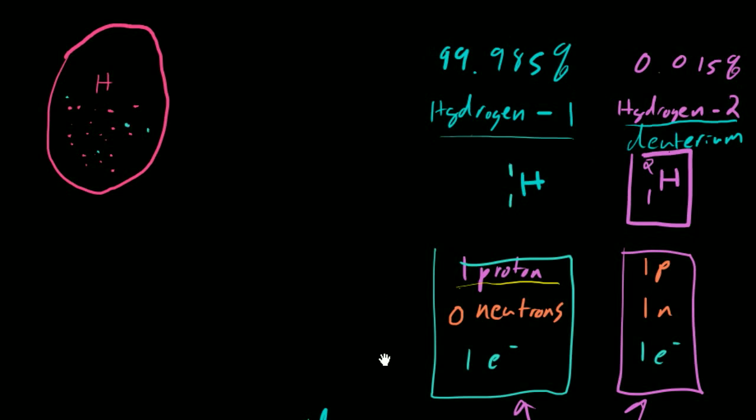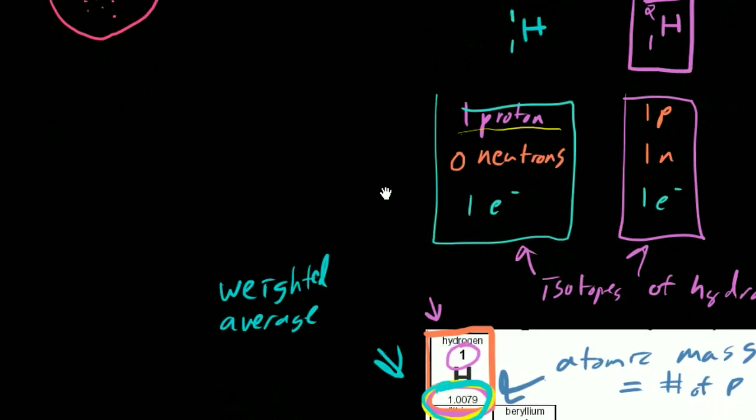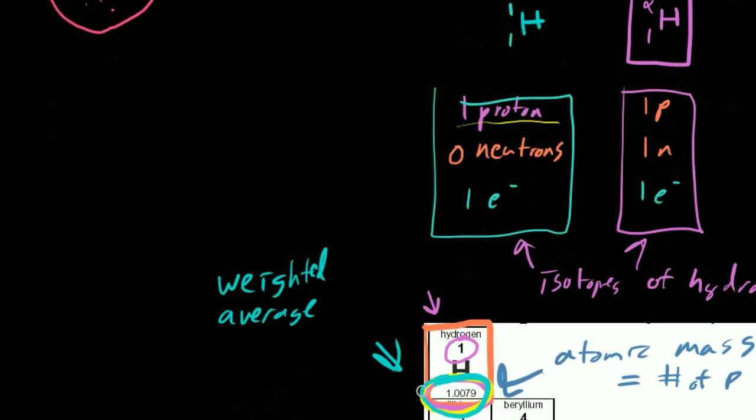And essentially what this number is down here, what this number is for the atomic mass of hydrogen, is a weighted average based upon these percent abundances. I'll write them down again.